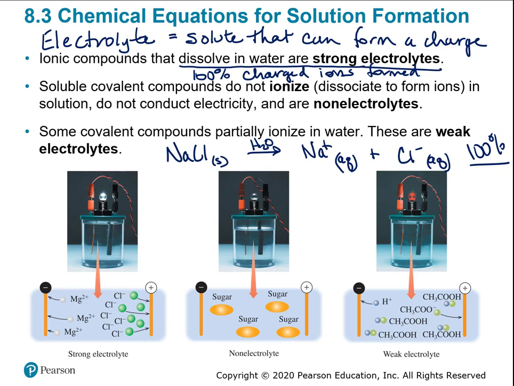Notice the yellow sugar globs are dispersed in the liquid, but there's no carrying of a current. Sugar dissolves completely, but there are no ions. That is what they call a non-electrolyte. Because an electrolyte forms ions, sugar and other covalent molecules are called non-electrolytes.